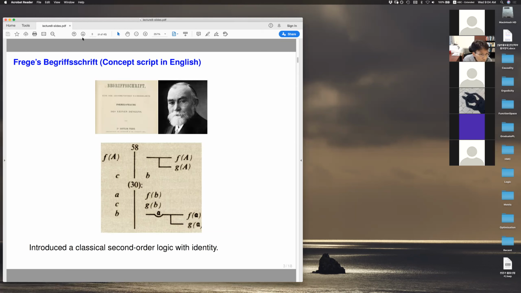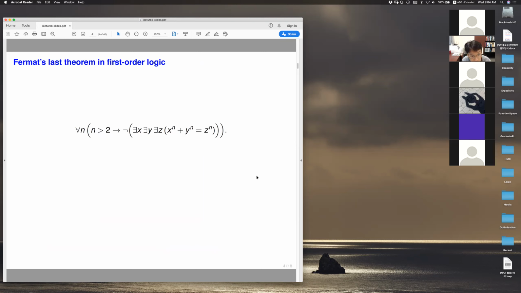Before actually starting anything with first order logic, let me first show you this, and then tell you about the overall structure of what we will do to define first order logic. This is a typical statement of first order logic. It's not exactly Fermat's theorem, and there are some issues that I found later.